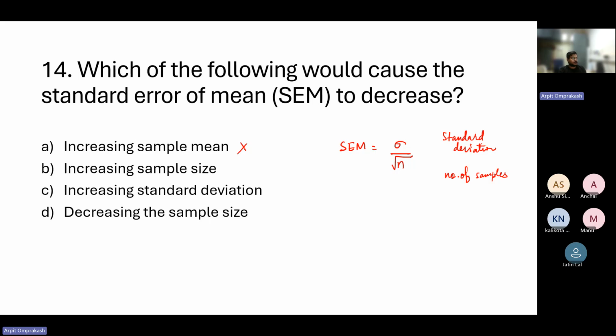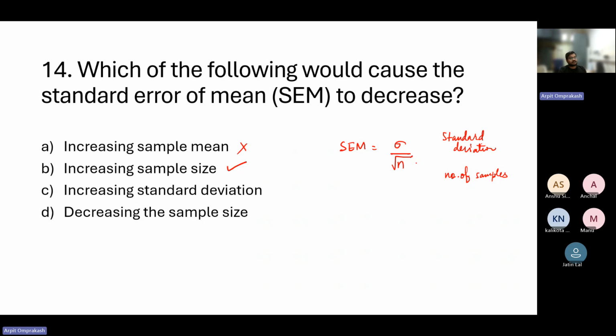So option 1 is not the correct option. Then let's see what happens when we increase the sample size. If we increase, n goes up and the value of SEM decreases because the denominator here is increasing. So this is correct, because we want to see when the standard error of mean decreases.